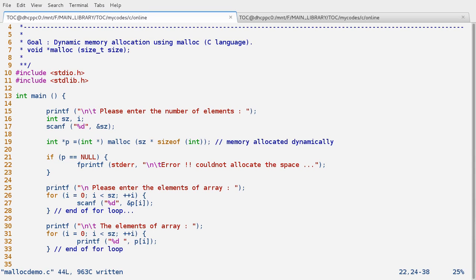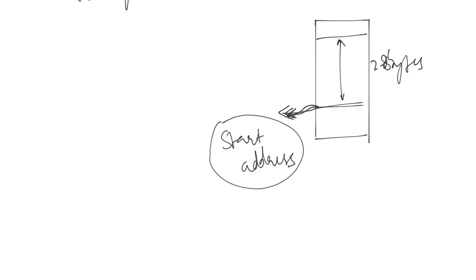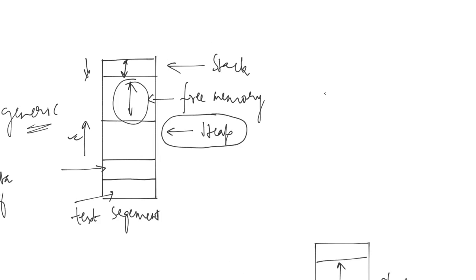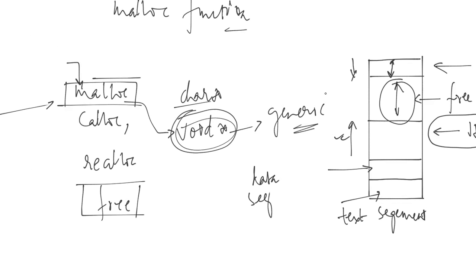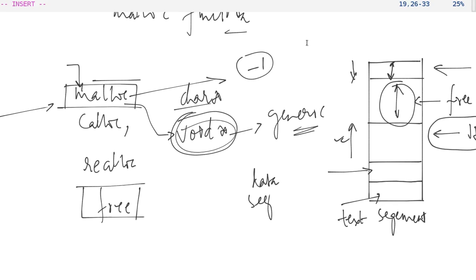Let's do something like, what did I say? That this malloc function accepts an unsigned integral type, meaning it shouldn't be negative or something.